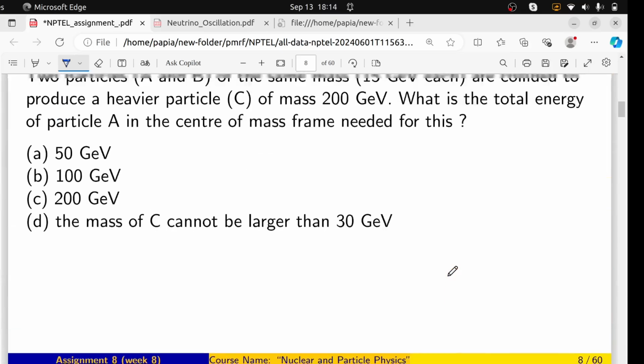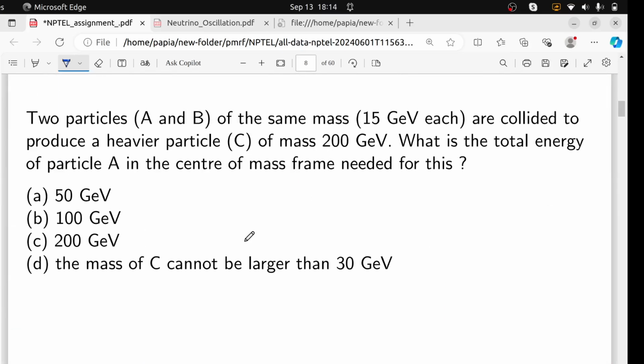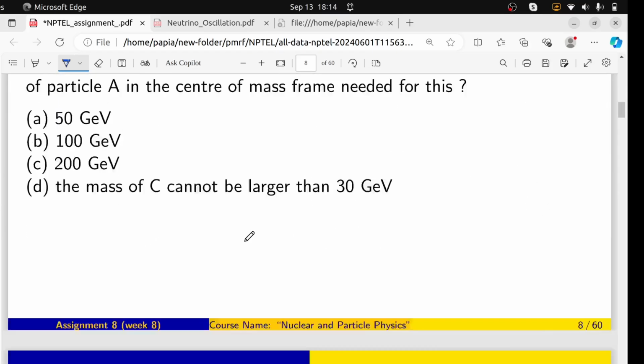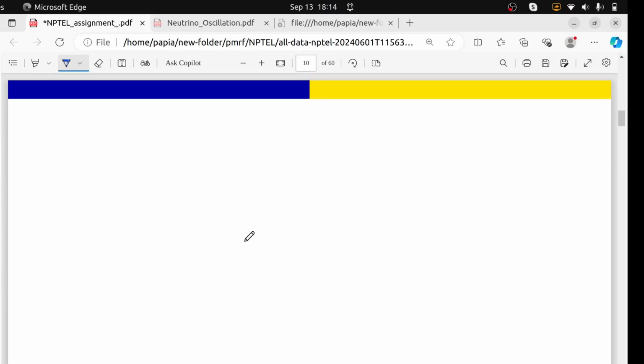So what are they asking? They are asking what is the total energy of the particle A in the center of mass frame needed for this. To happen this interaction, to happen this collision, obviously we can tell that the total energy of A plus the total energy of B should be equal to the total energy of C. Otherwise, if energy-momentum conservation is not followed in any nuclear reaction or any reaction, that will not happen.